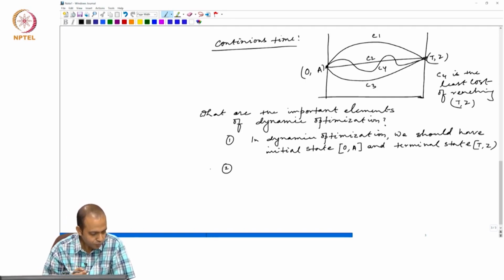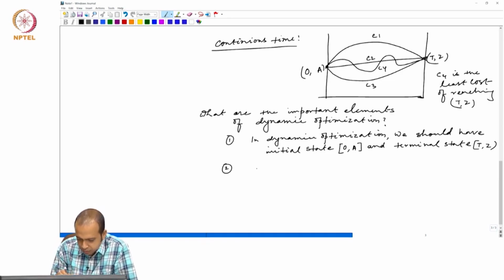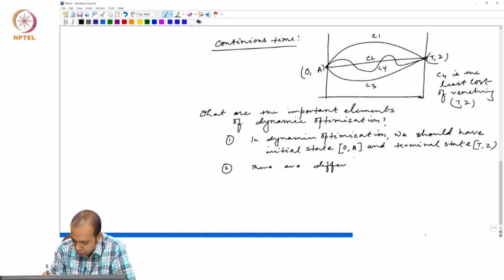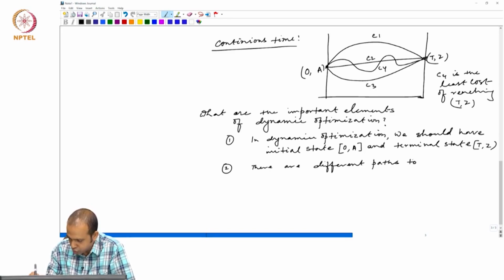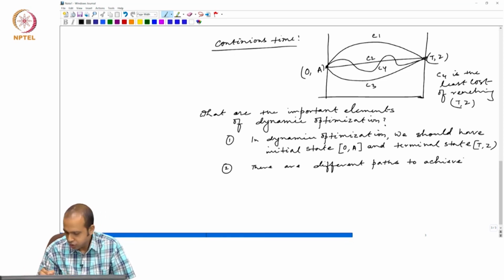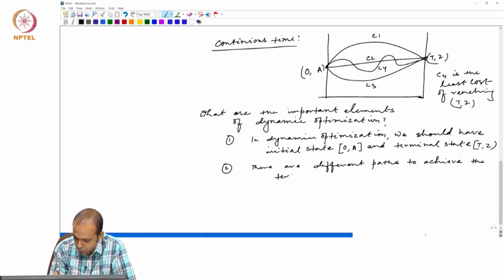Okay. Then there are different paths to achieve the terminal state.